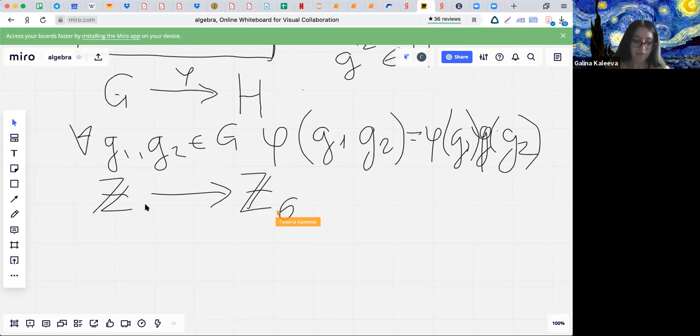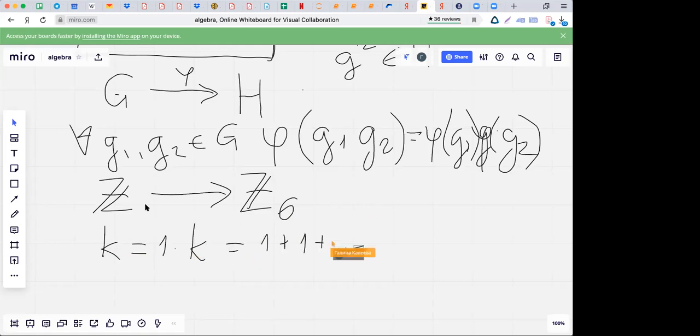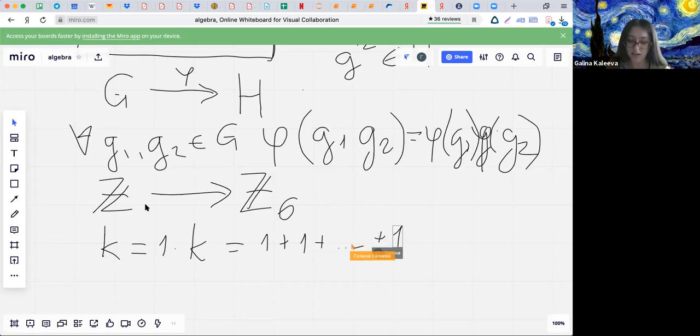Actually, we know that we can represent every element of our integers as 1 multiplied by k, that means that we take 1 and add 1 k times.